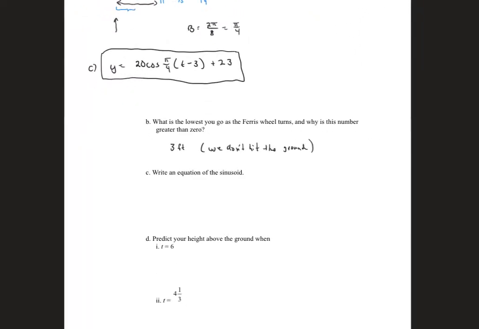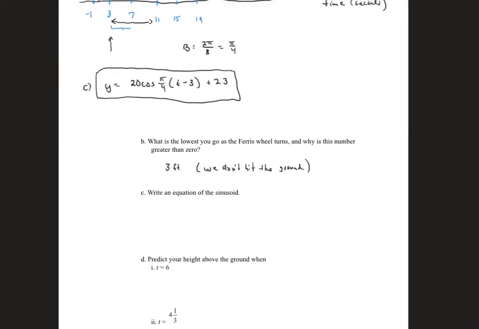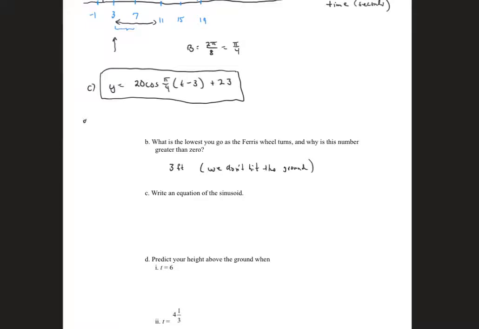Then we want to predict our height above the ground when t is equal to 6. So for part D, part I, that means we're going to plug in 6 for the t. So our height is going to be 20 cosine of pi over 4 times 6 minus 3, plus 23.